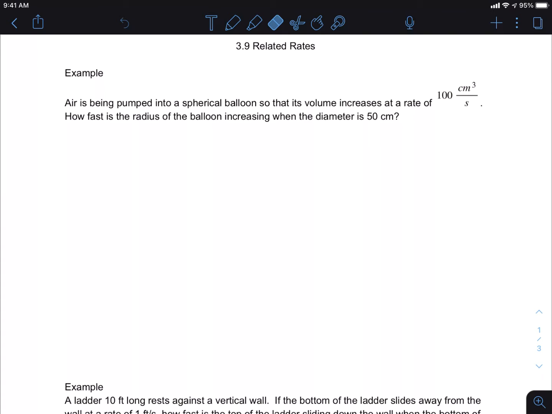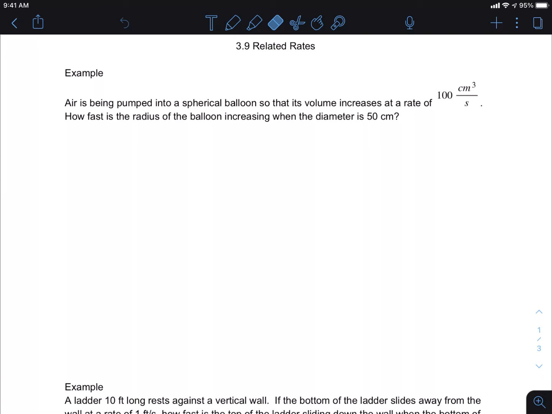So it says air is being pumped into a spherical balloon. So we're to assume that this is a circle, but it's a sphere, so that the volume increases at a rate of 100 cubic centimeters per second. Now, something important about that is that we need to understand what it means by the volume increasing at a rate.